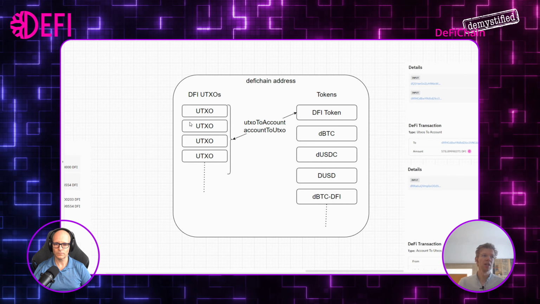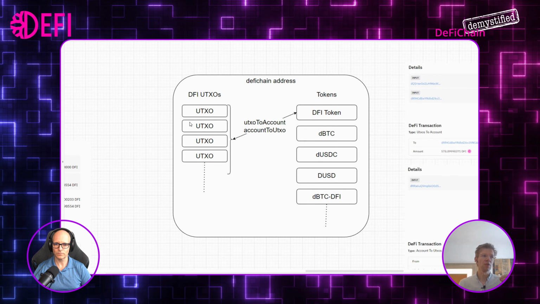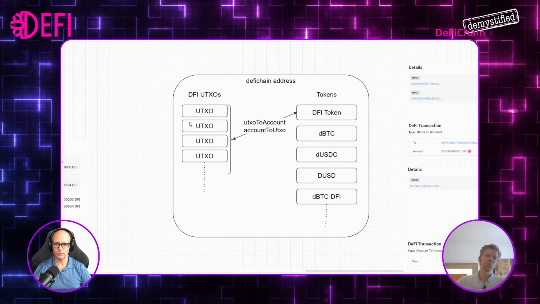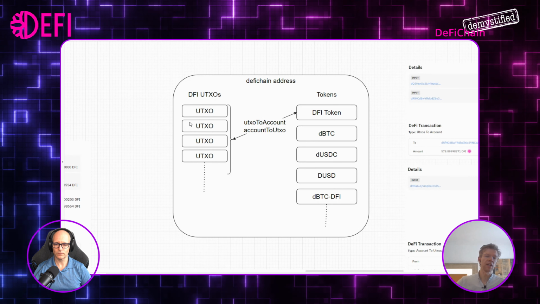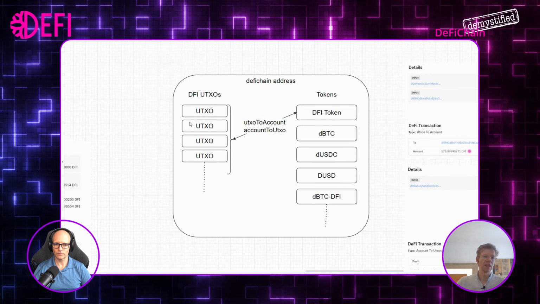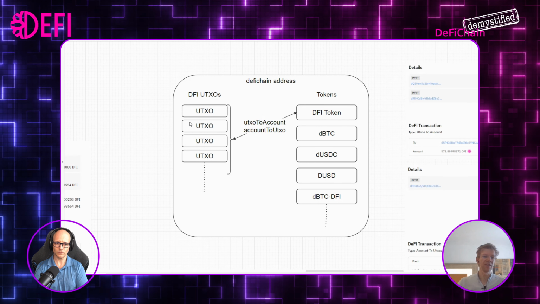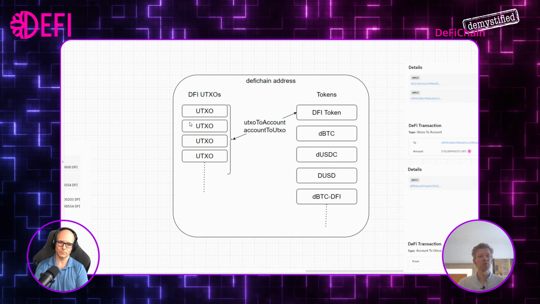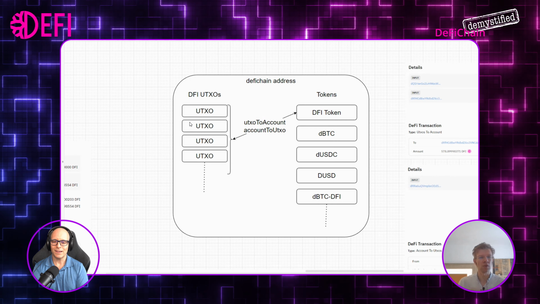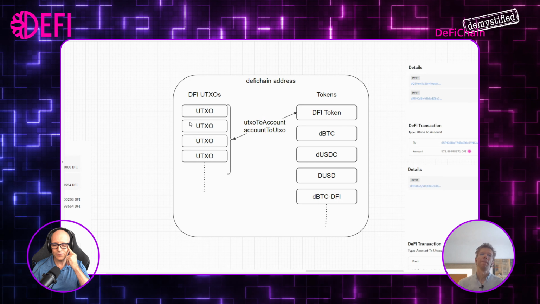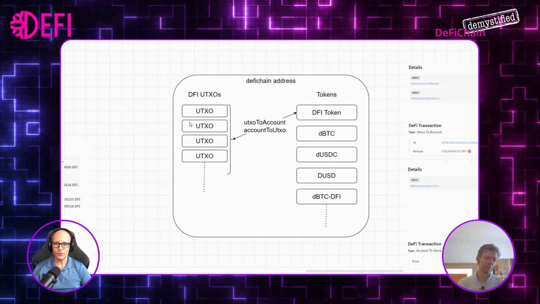I think it's mainly because you can be certain that the other address can accept UTXOs. It could be that the other address is not able to handle tokens. That's why it's always sent as UTXOs. You can also send it as tokens, but not via the Light wallet. The Light wallet automatically does the UTXO sending. That's the reason why the Light wallet always converts everything into UTXOs.